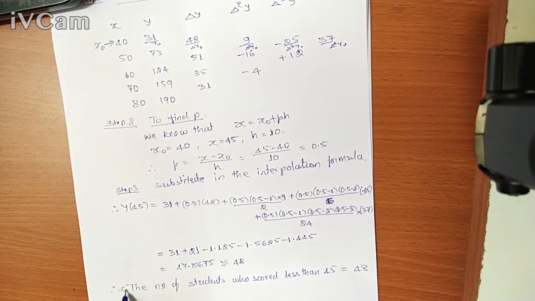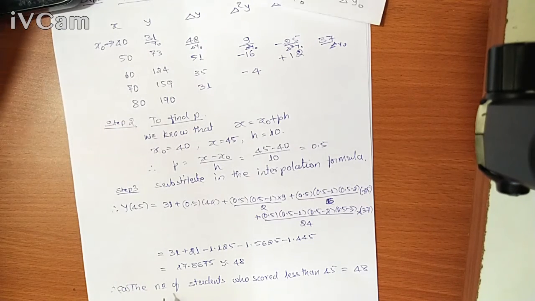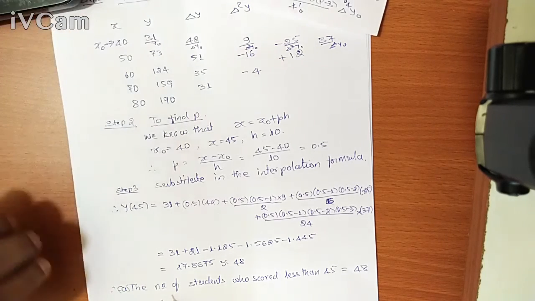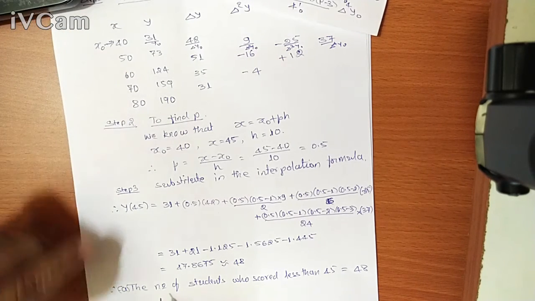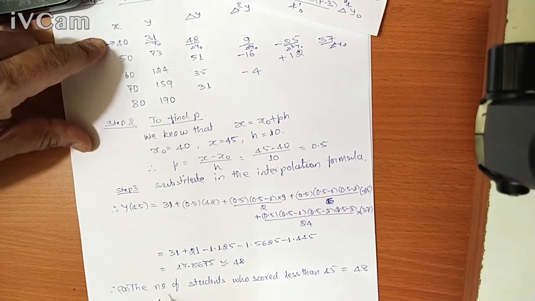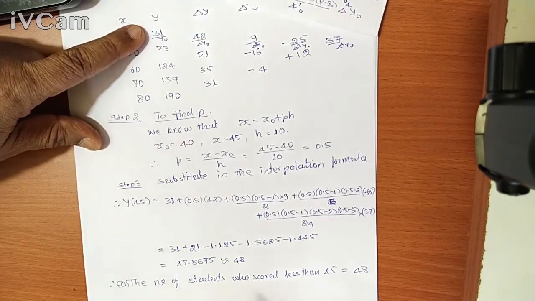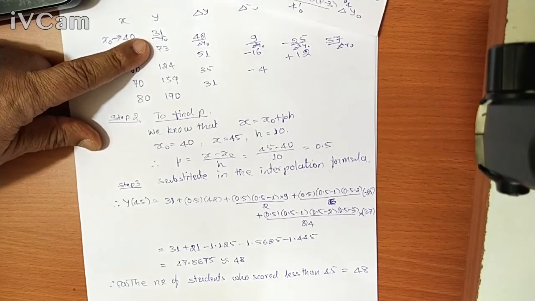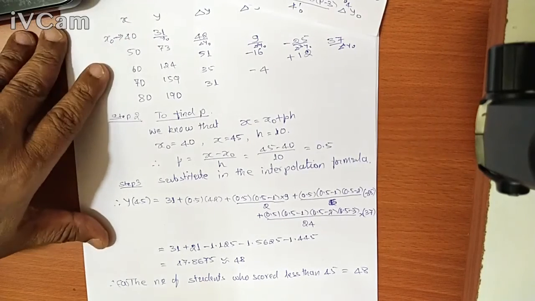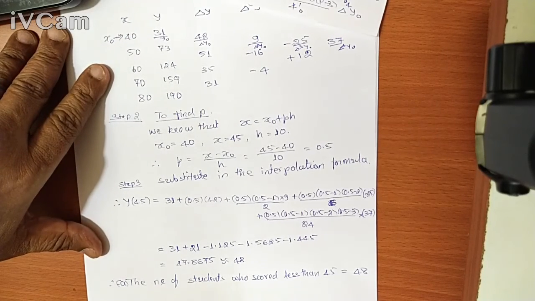Now, this is A. What is the B part? The B part says you are asked to find the number of students who scored between 40 and 45. Now 40 is already given to you. The number of students who scored less than 40 is already given to you. Therefore, 48 minus 31 gives me the number of students who scored between 40 and 45.